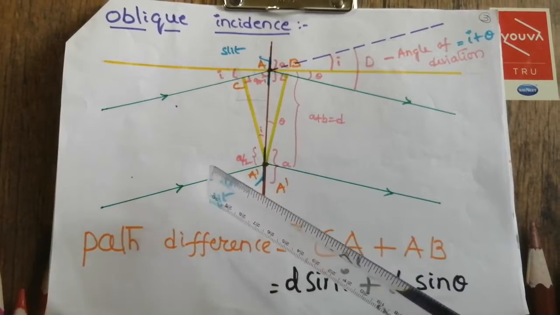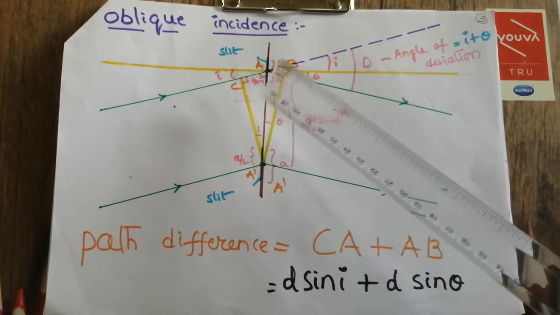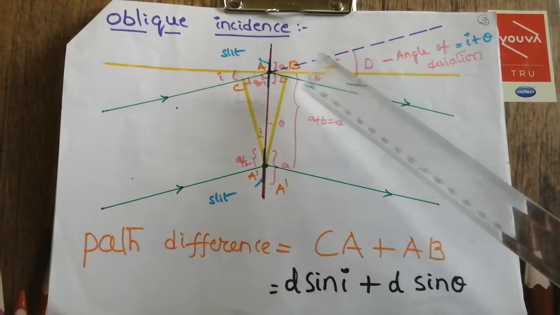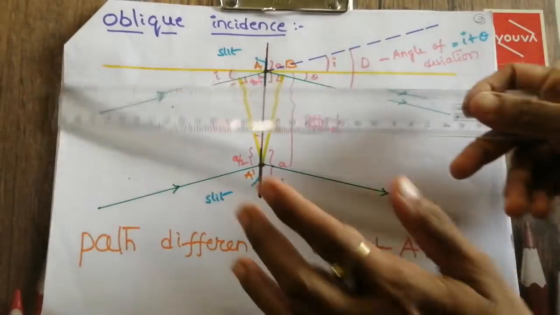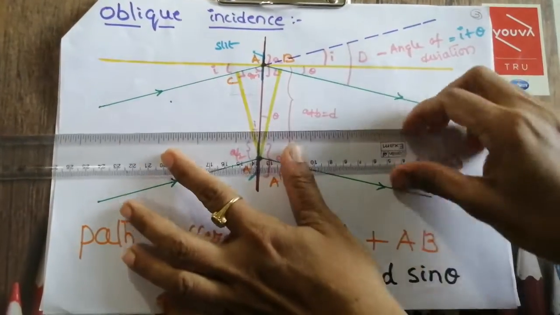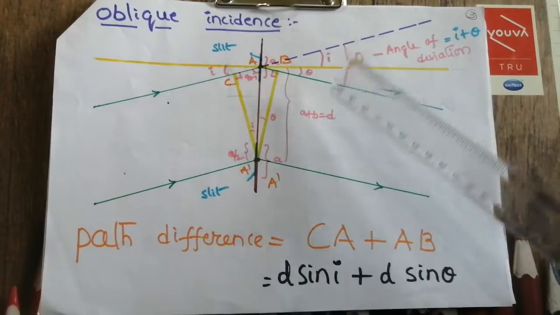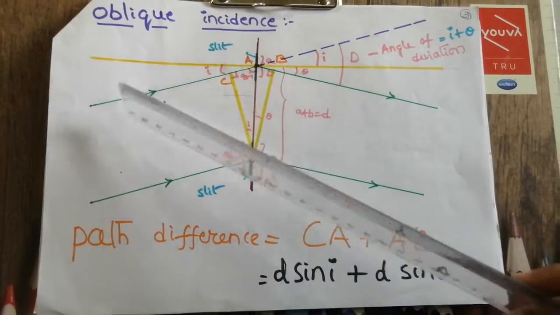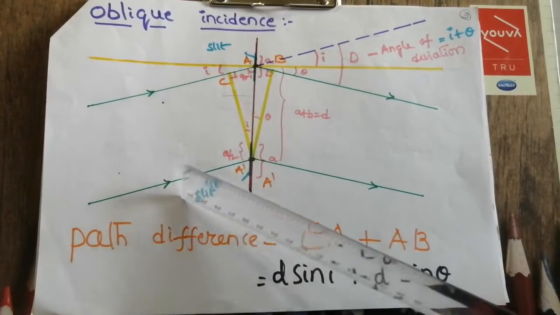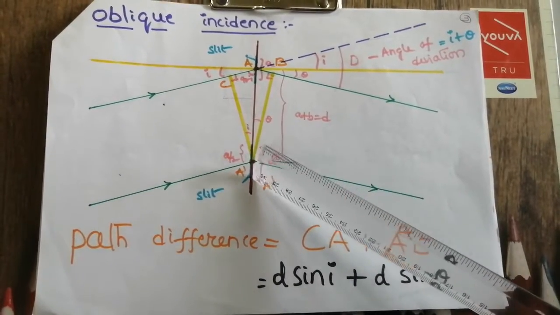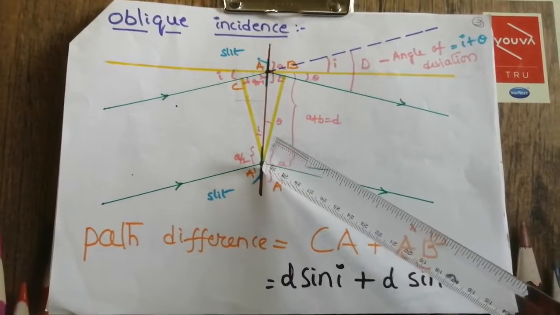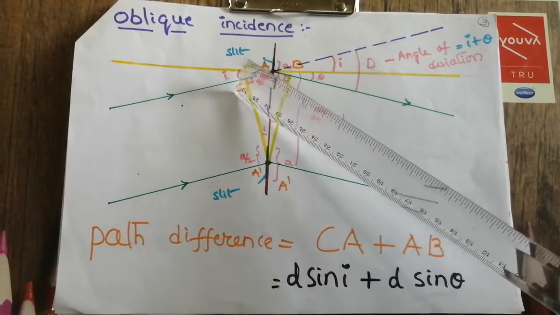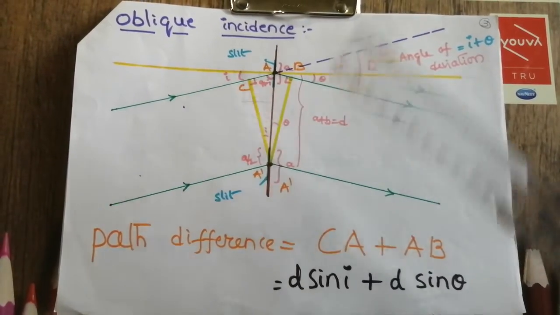In the normal incidence case, the light rays have a path difference only after diffraction. Up to that point they travel the same distance. But in this case, before diffraction also they differ in path. That means the first ray travels more than the second ray. So to know the total path difference, we have to calculate the path difference before diffraction and after diffraction.